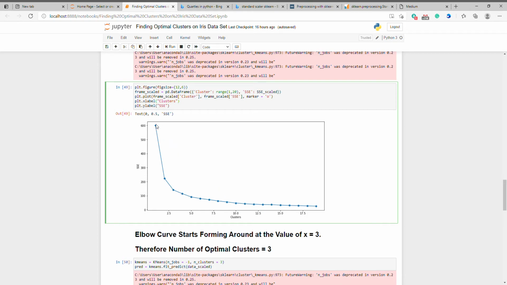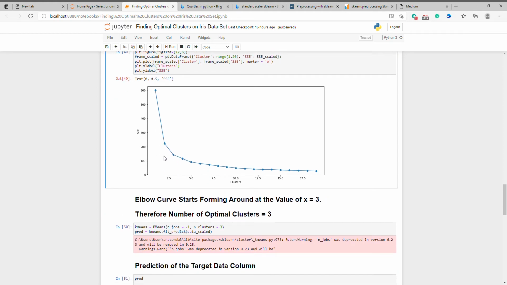While plotting the elbow curve, I found that at this value, when x is equal to 3.0, the elbow curve just started forming.